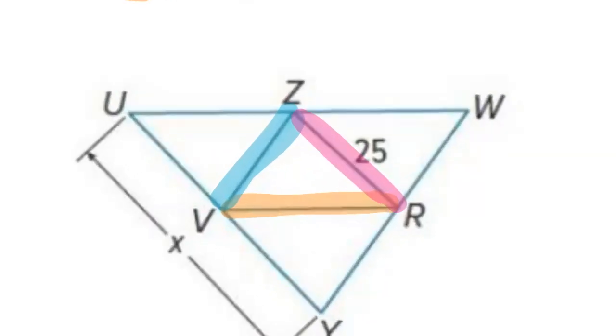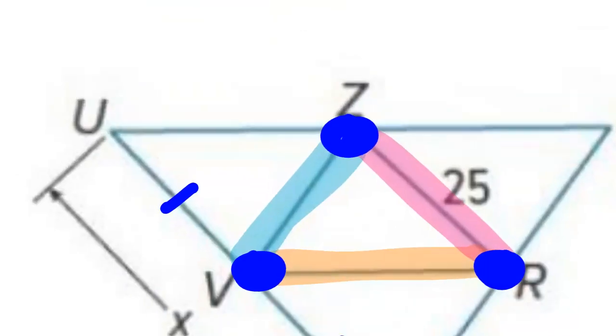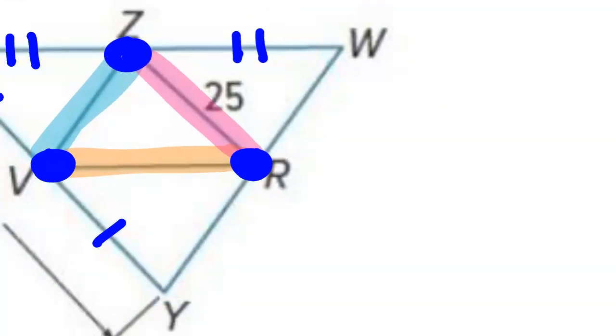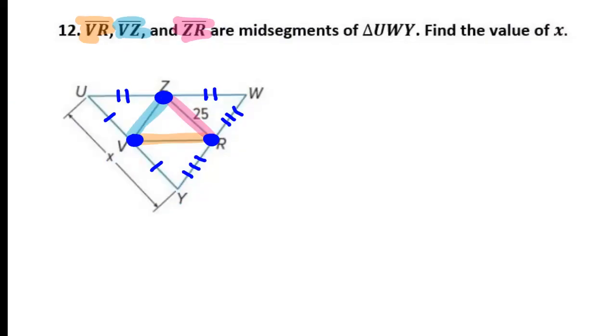If those are all mid-segments, then V, Z, and R are all midpoints, which means that UV and YV are congruent. UZ and WZ are congruent, yes. YR and WR are congruent.